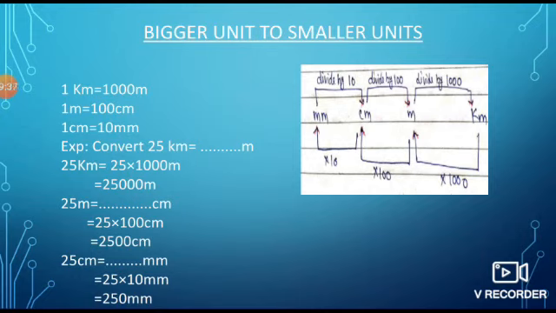We know that 1 kilometer is equal to 1000 meter, 1 meter is equal to 100 centimeter, 1 centimeter is equal to 10 millimeter, and you can use these units to convert. For example, how to convert 25 kilometer into meter. 25 kilometer is equal to 25 into 1000 meter, which is equal to 25,000 meter.